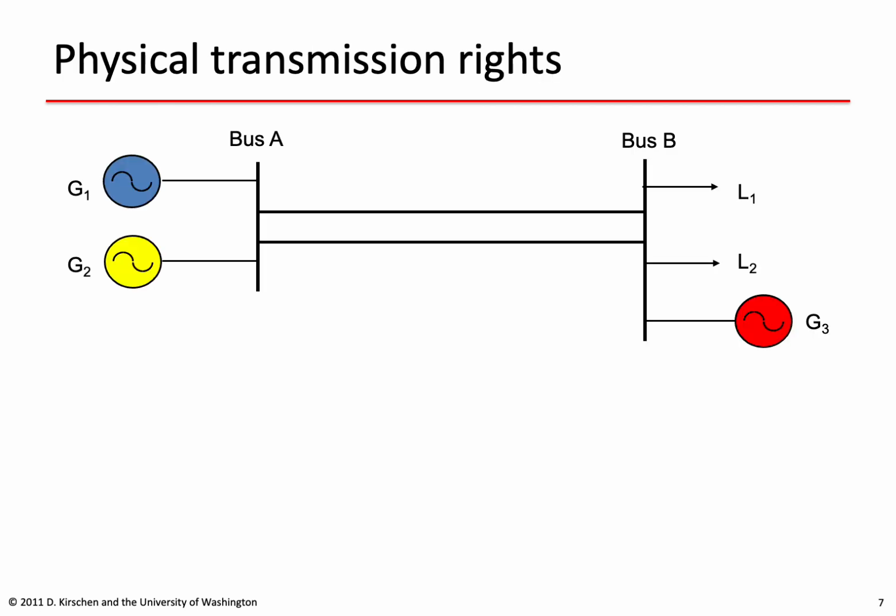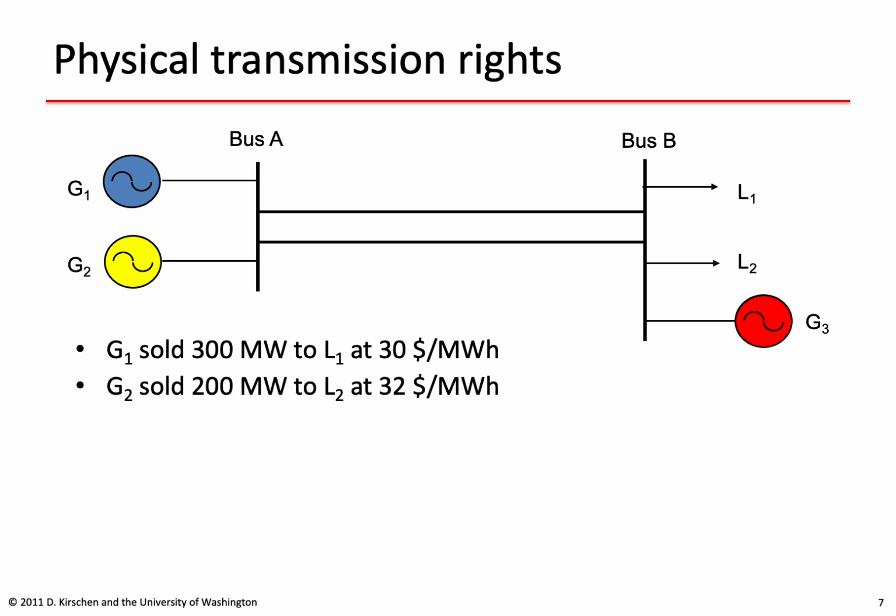So let's get back to our example and look at it in a bit more detail, including prices, to see how this might work. So let's suppose that G1 sold 300 megawatts to L1 at $30 per megawatt hour, and that G2 sold 200 megawatts to L2 at $32 per megawatt hour.